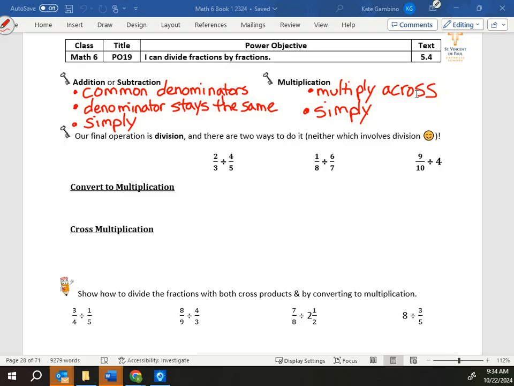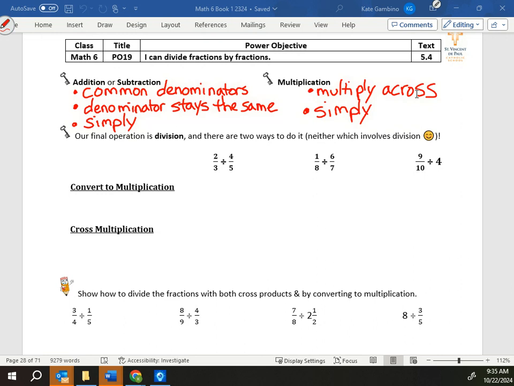Now dividing, we add a step, just like adding and subtracting are kind of the same thing, you just do a different operation. Multiplying and dividing are very similar, but with dividing we have to do something first. So the final operation we're going to talk about is division, and there are two ways to do it, and neither of them actually involve dividing.